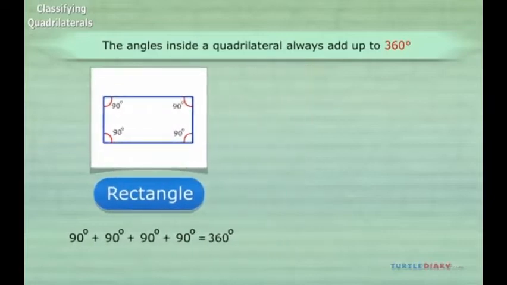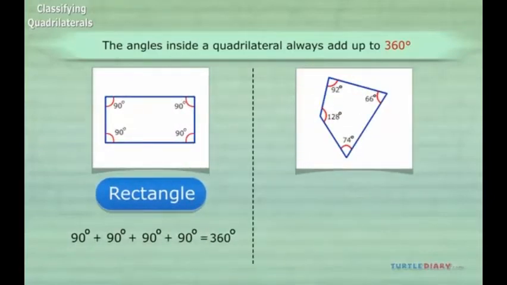But this is true for every quadrilateral, not just rectangles. 92 degrees plus 66 degrees plus 128 degrees plus 74 degrees equals 360 degrees.